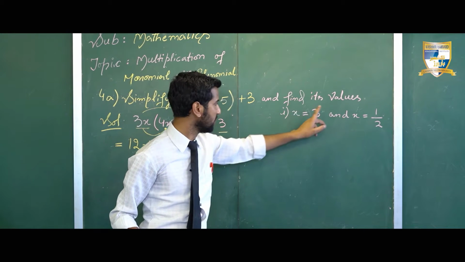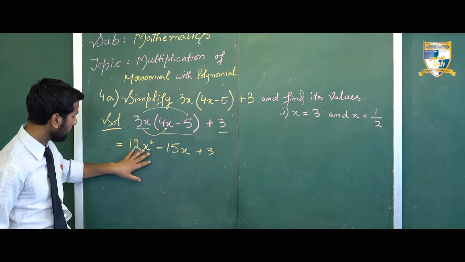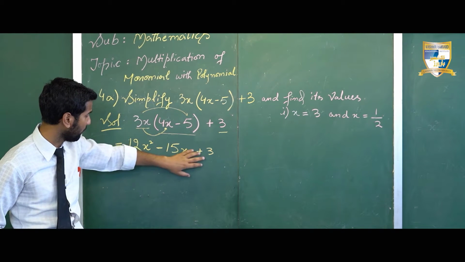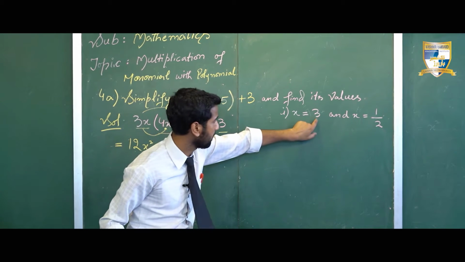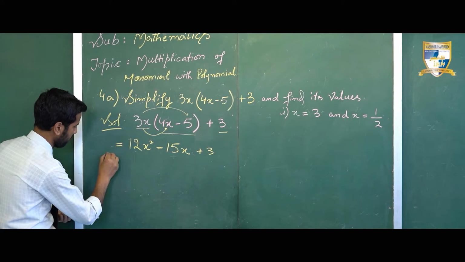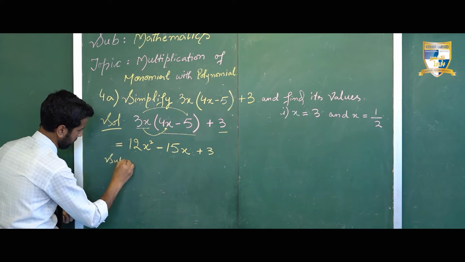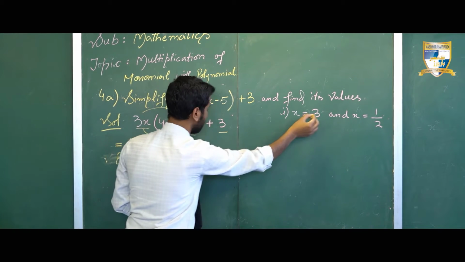Now the second part of this question. Find its values if x is equal to 3. Now the question is, what would be the value of this expression if you replace this x with 3? So let's check what we are going to do here. Put x is equal to 3.